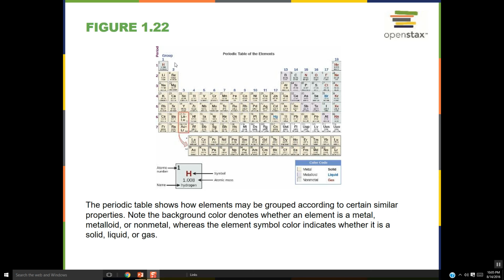It's generally considered a non-metal. It's just over here at the top of the first column because it makes sense there as far as its valence electron shell. So it's placed here because of its electron shell, even though it tends to act like a non-metal really, and it could oftentimes be considered as right here depending on what kind of a periodic table you look at, and there are variations of this as well.